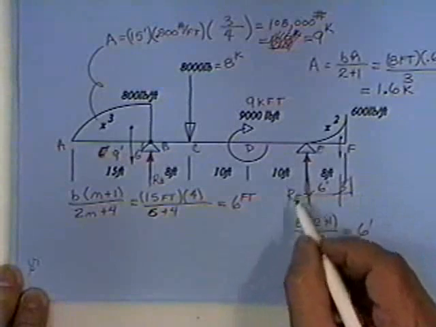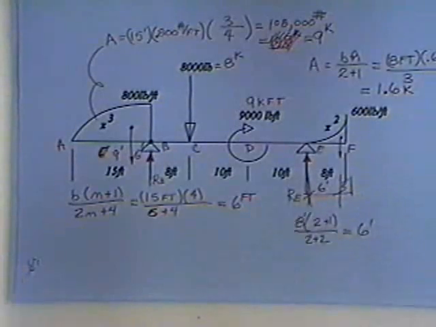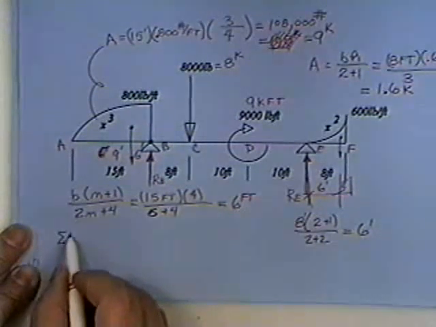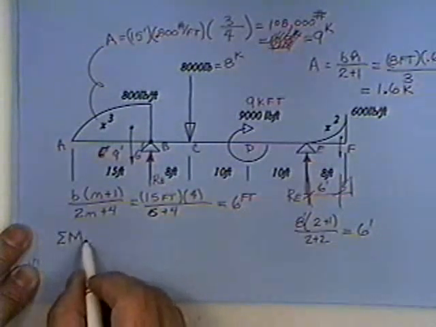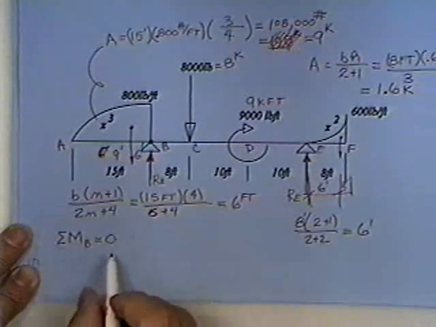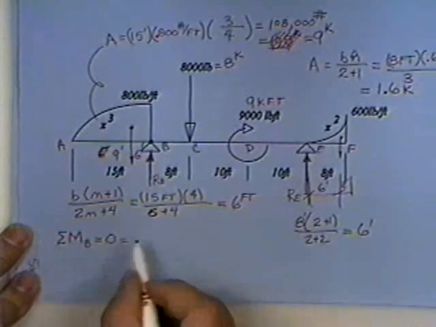Here is the reaction at E. Sum moments about point B equals 0.